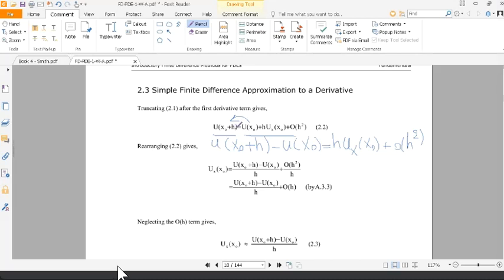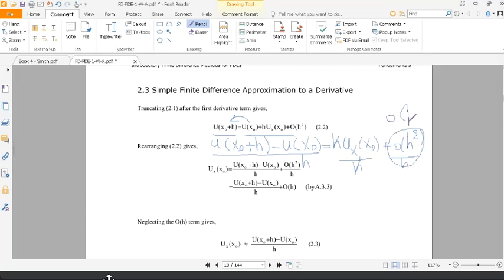Okay, then divide both sides by h, and we have u of x0 plus h minus u of x0 over h equal to u_x plus O(h^2) over h. Both sides of the Taylor theorem should be divided by h, and we simplify, and O(h^2) over h is O of h.